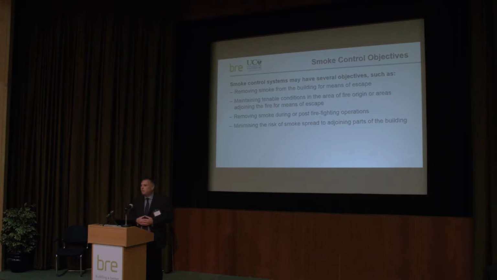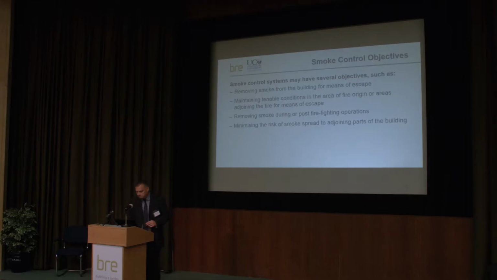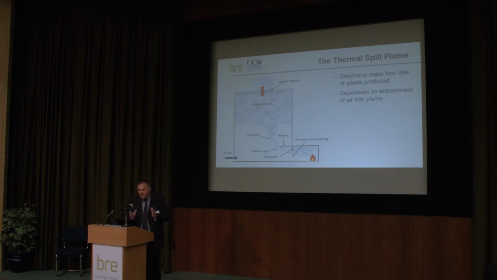Alternatively, it could be providing or maintaining tenable conditions in the area of fire origin or in adjacent areas for means of escape. Another objective is removing smoke during or post-firefighting operations, or minimising the risk of smoke spread to adjoining parts. So there are various objectives specific to a particular design. But today I'm really going to be focusing on the thermal spill plume in smoke control design.